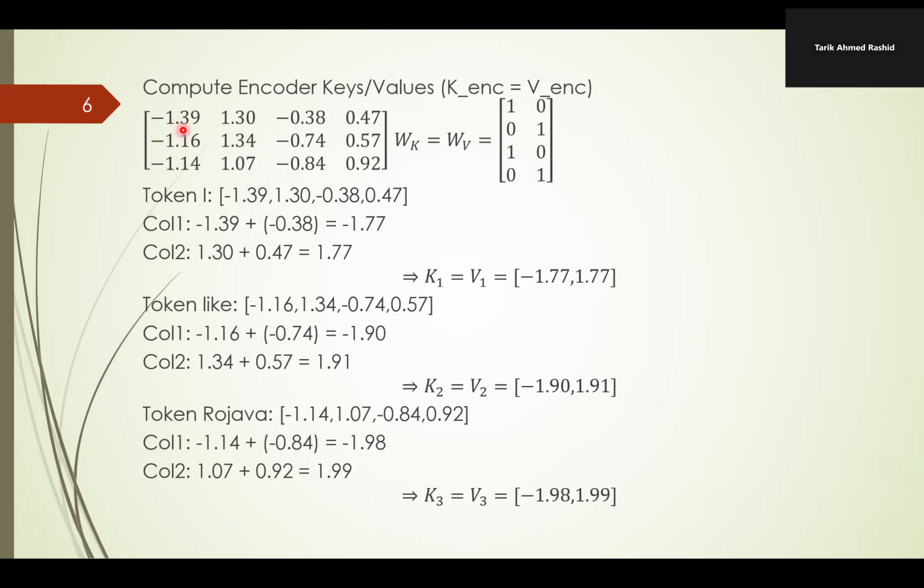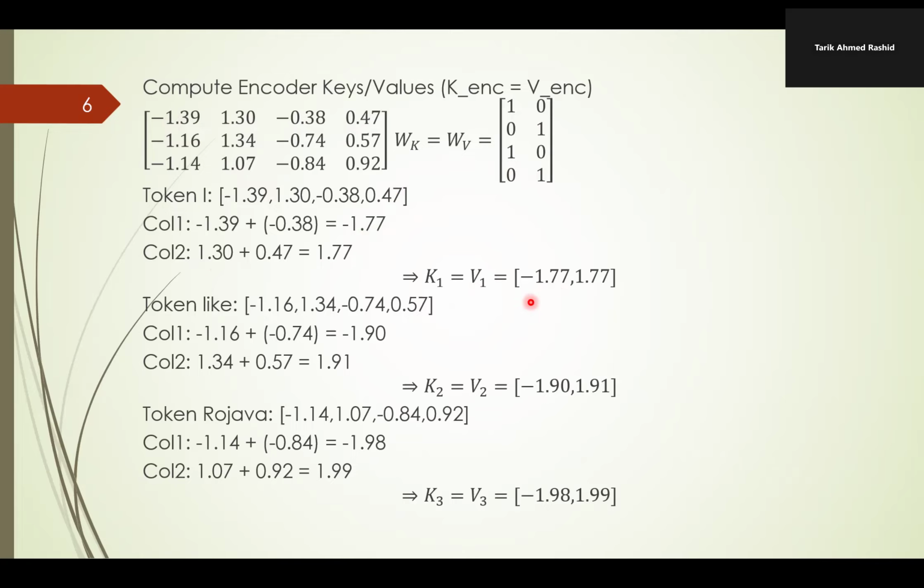So minus 1.39 multiplied by 1, then plus 1.3 multiplied by 0, it's 0, and then minus 0.35 multiplied by 1, and 0.47 multiplied by 0. So for column 1 we get minus 1.77, and for column 2 we multiply this row by the second column. We get two values, that is K1 and V1, and because their weight matrices are similar, we get the same values for them.